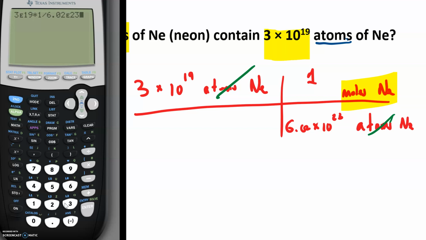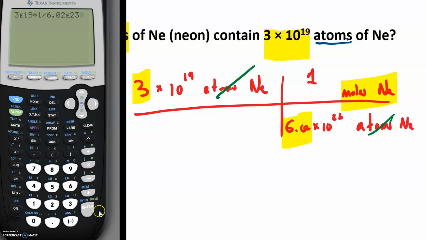That's quite a bit less. In fact, it's about 10,000 times less than a mole's worth. So I'm going to predict my answer is going to be somewhere in the neighborhood of 0.0001. In fact, even less than that, because 3 is half of 6. So we're expecting an answer that's a decimal, about 4 decimal places.